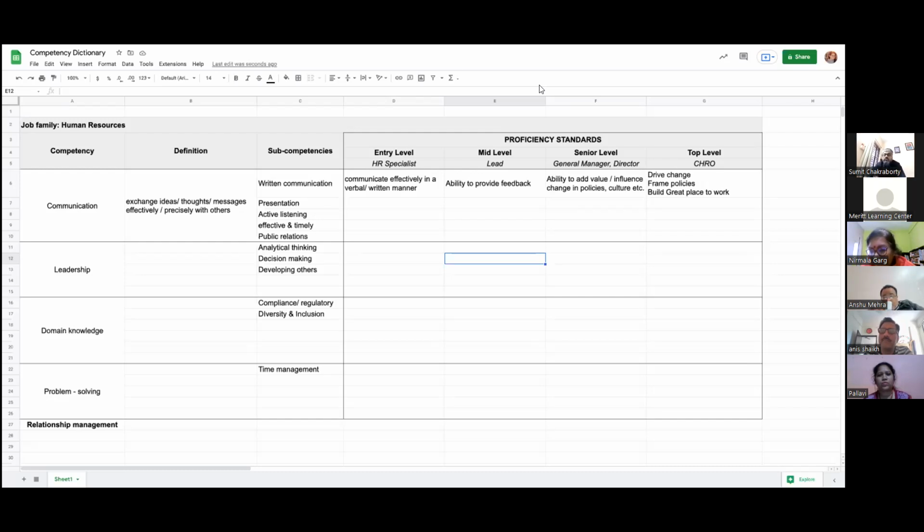Then it is easy to fill up mid-level and senior level, because you only have to reduce a little bit of the intensity or proficiency level. So typically when you are writing a dictionary, do the top, do the lowest, then do the mid and the senior. Got it? Yeah.